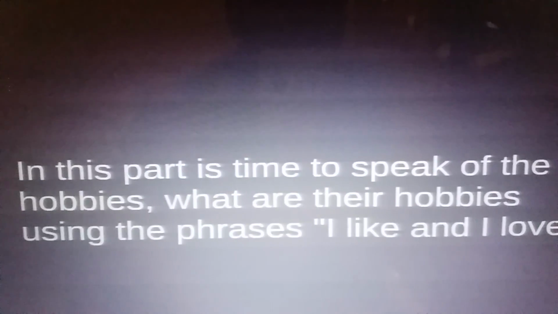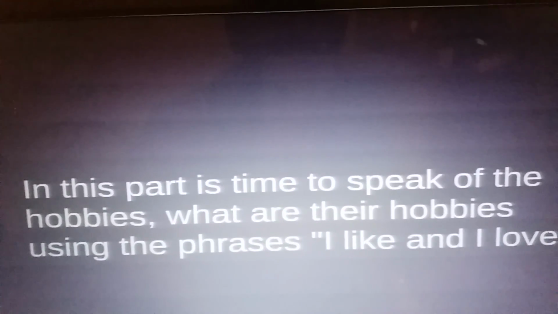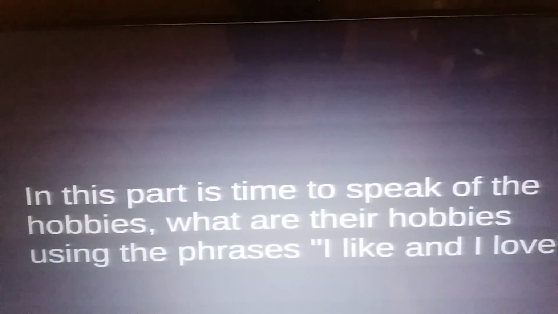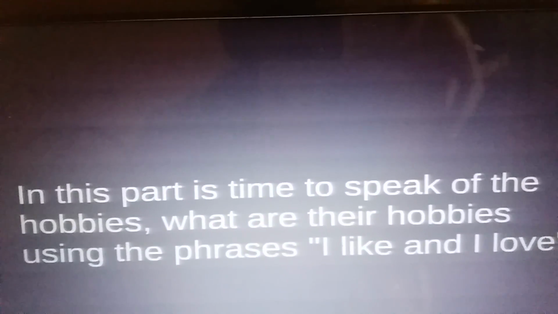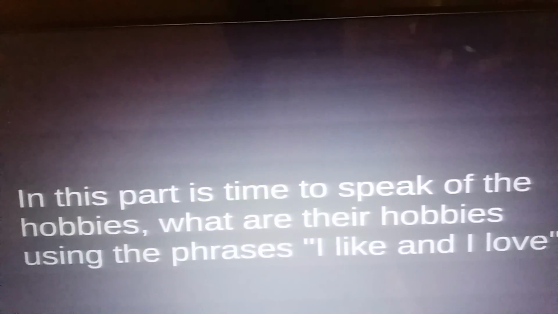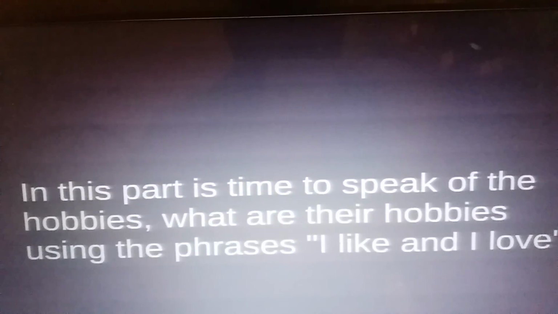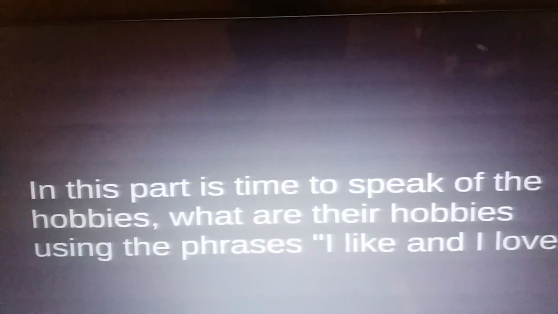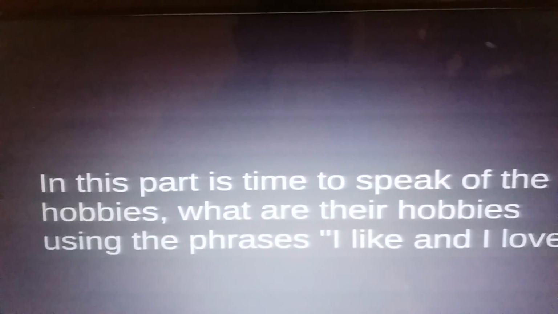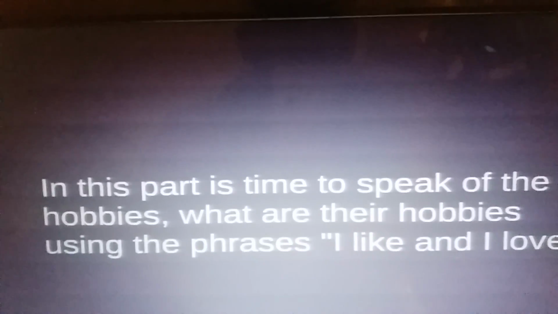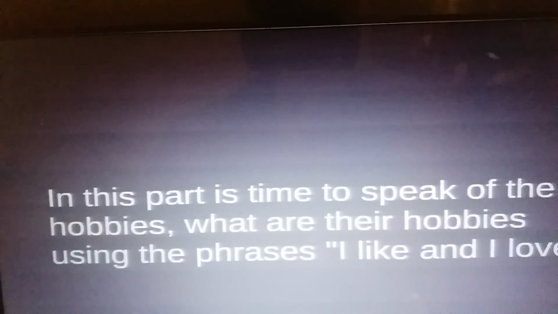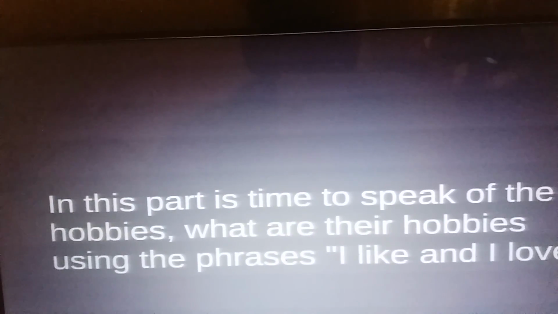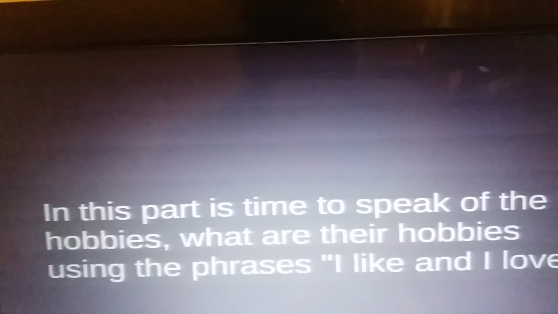I like dancing. The idea is that the students can change the word "like" for the word "love" and not always say "I like."